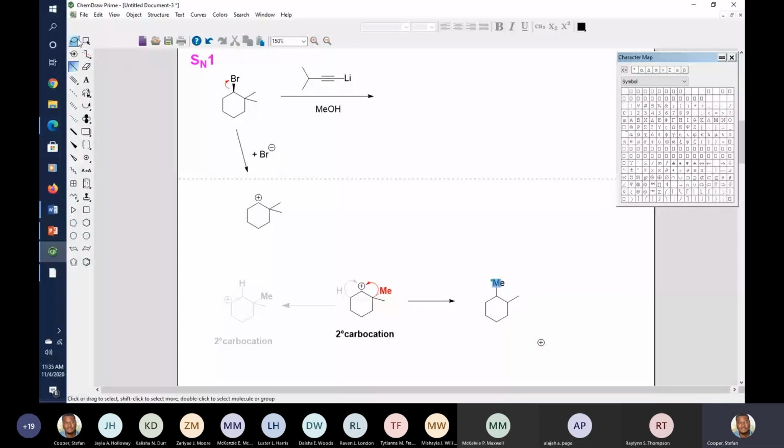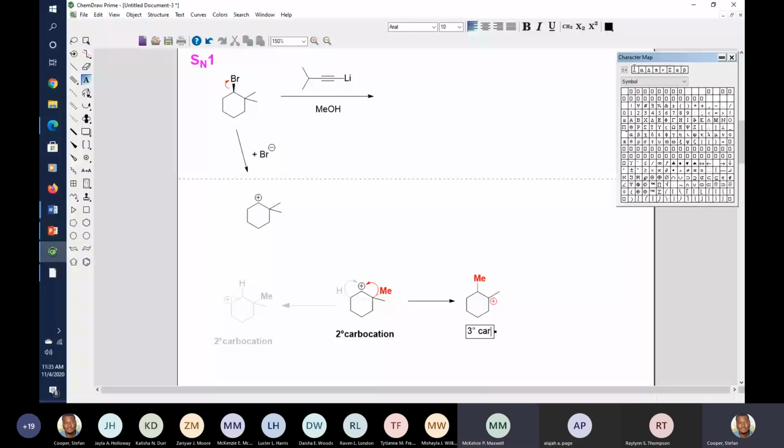So now that carbon that originally had a plus charge now has a formal minus charge. And this carbon that used to have 2 methyl groups now just has one methyl group. I went from a secondary carbon cation to what over here? Tertiary. Good. Is that productive?